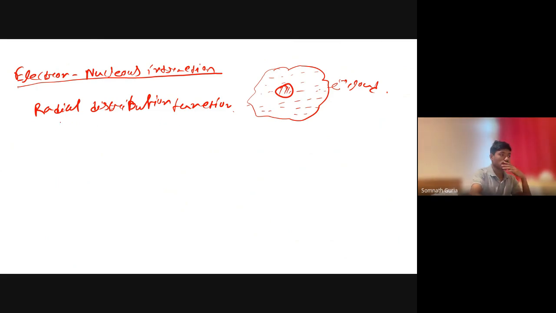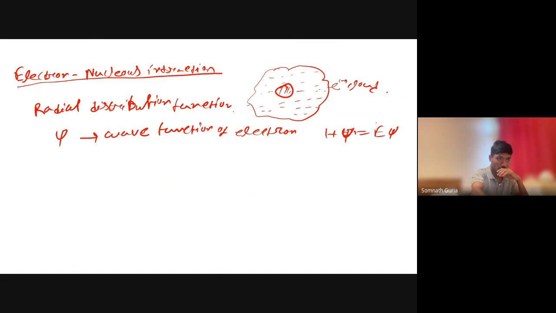In the radial distribution function, for the electron, psi is the wave function, with H psi equals E psi.